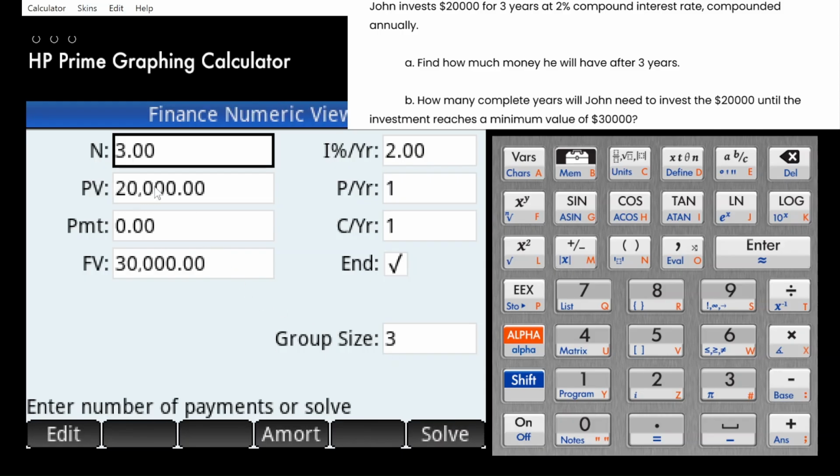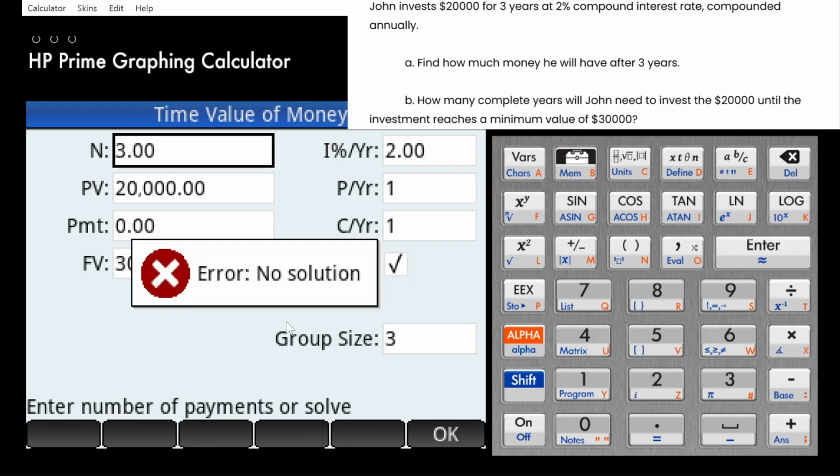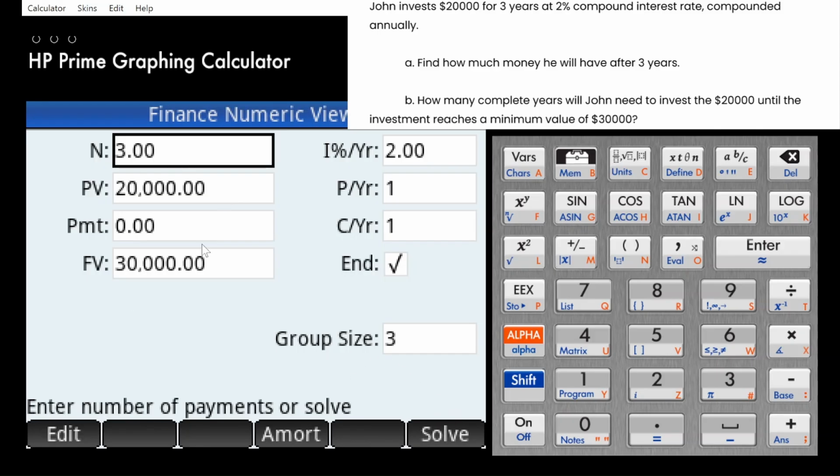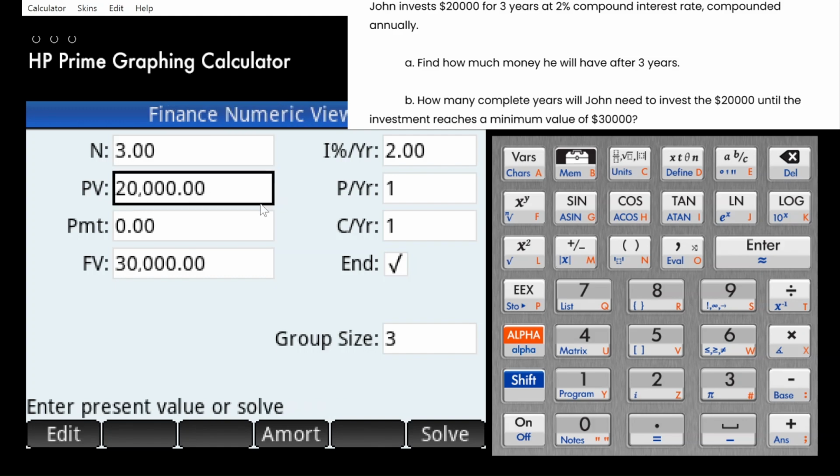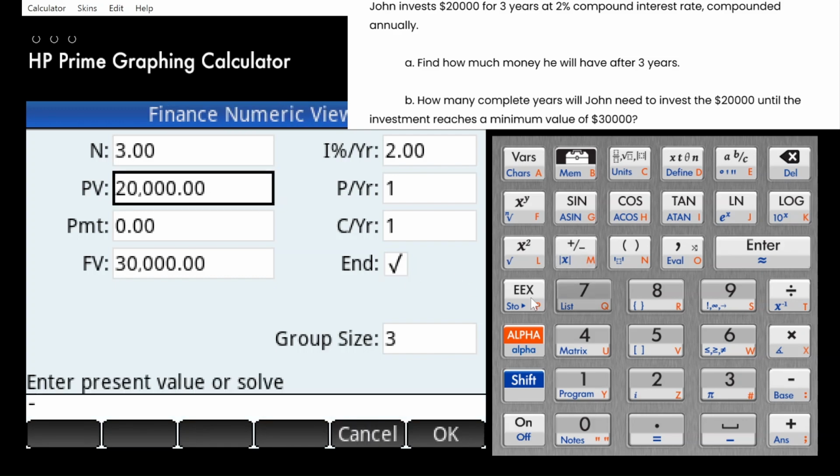But like here, if both PV and FV are positive values and we press solve, it will run into error. So acknowledge this, and now we need to change one of them into the negative value. So let's change PV into negative 20,000.